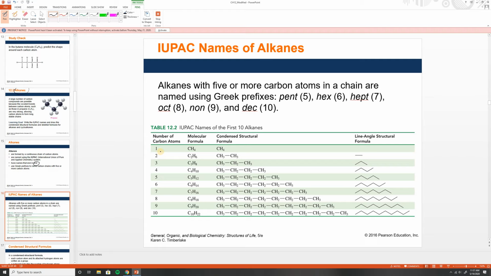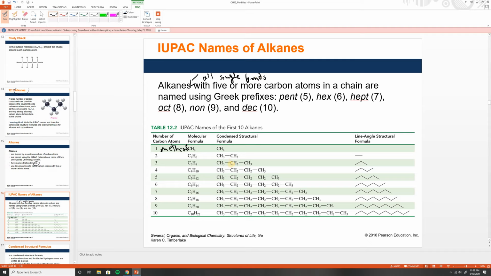So the first one we talked about is meth, not like the drug, but methane. So the prefix meth means 1 in terms of organic chemistry. So methane, meaning there's 1 carbon with all hydrogens. It's an alkane with 1 carbon and 4 hydrogens. And in the alkanes, keep in mind, there's all single bonds.